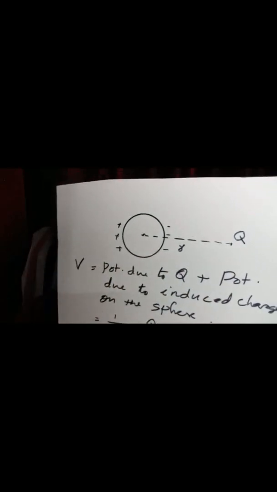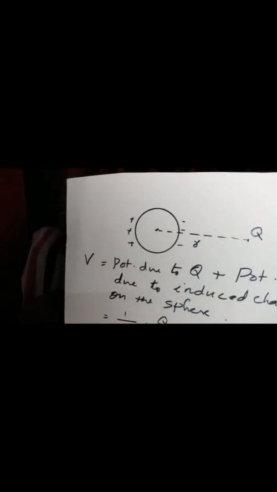That is V equals 1 by 4 pi epsilon 0 into Q by R. Because the potential of a charge given to a spherical shell or sphere is equivalent to a point charge placed at its center, or the potential due to a charged sphere is equivalent to the potential due to a point charge at the center of the sphere.